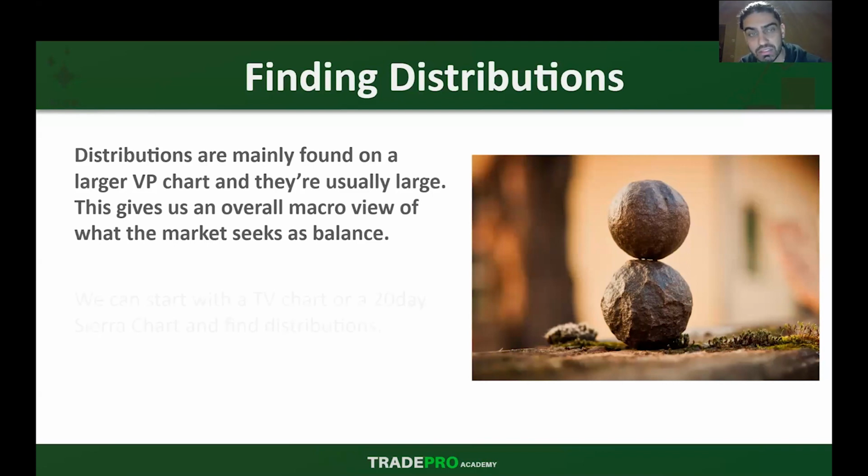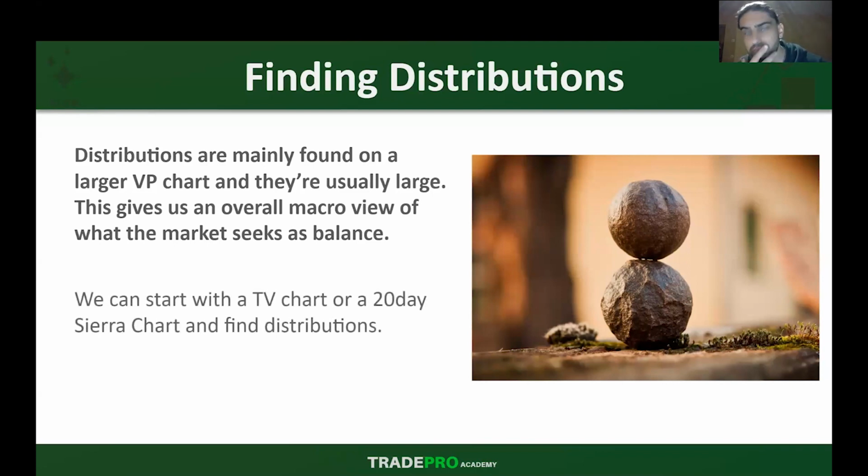So this gives us an overall quote unquote macro view of the market, what the market sees, how the market seeks balance. So, for example, you can start on TradingView, right? This is a very basic tool that a lot of people are familiar with. If you don't have Sierra Chart, if you're new to Sierra Chart, I suggest taking a look at TradingView, because it allows you to see cumulative volume profiles, which Sierra Chart doesn't allow me to do, right?